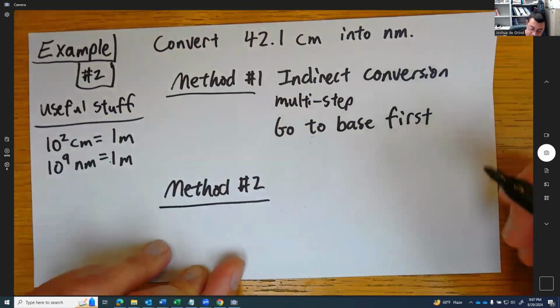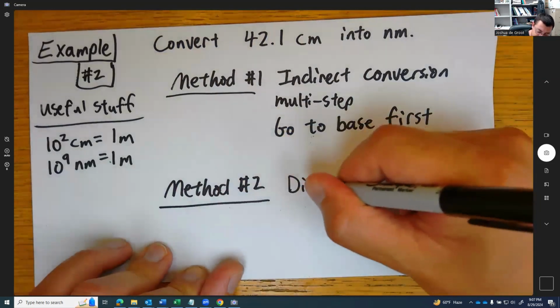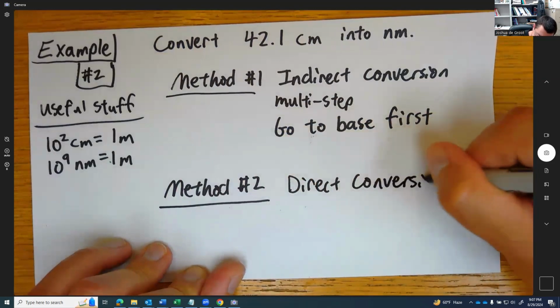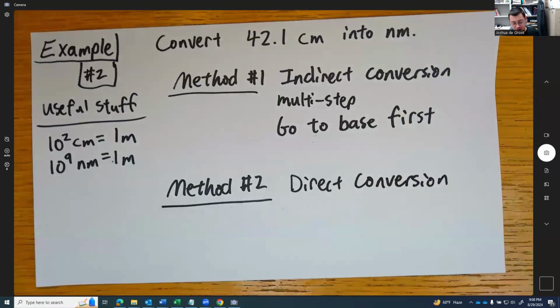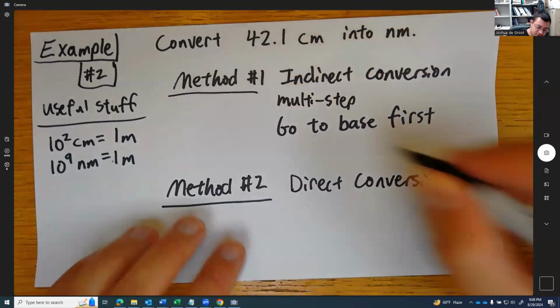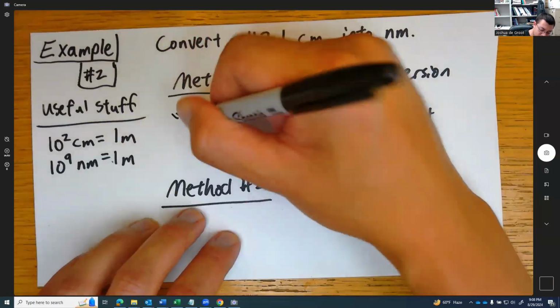This is going to be a direct conversion. I like to compare unit conversions to travel, to flight. Method number one, this indirect conversion, is going to involve layover airports.